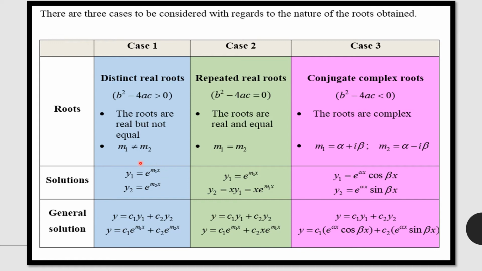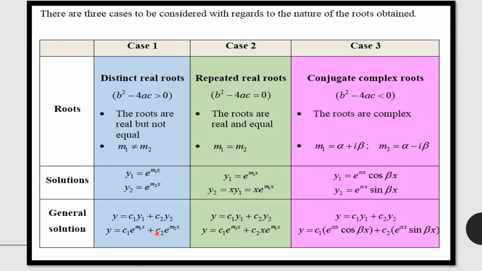So these formulas are meant for solutions where the roots are real and distinct. In general, we can write down the solution y equals c1 y1 plus c2 y2. So you plug in y1 into here and you plug in y2 into here, and that will be the general solution for case number 1.